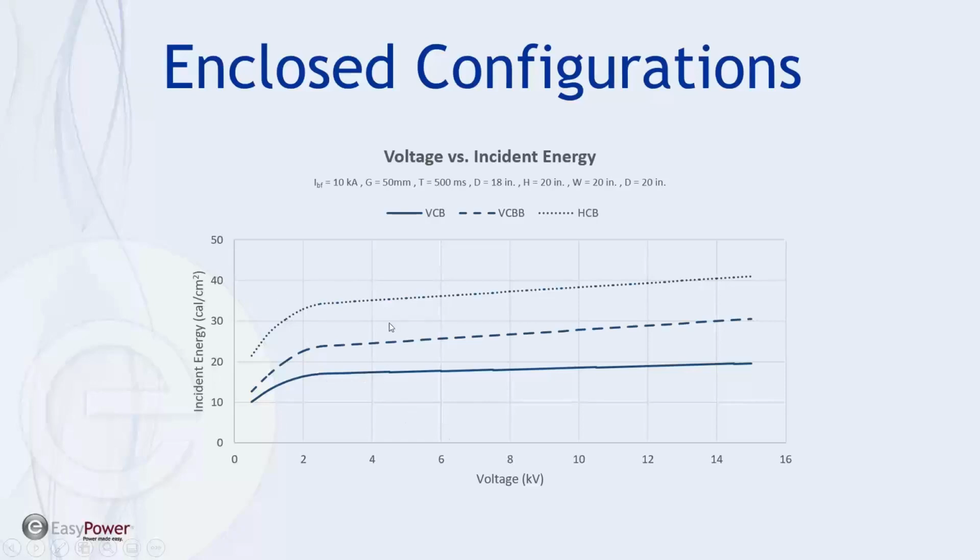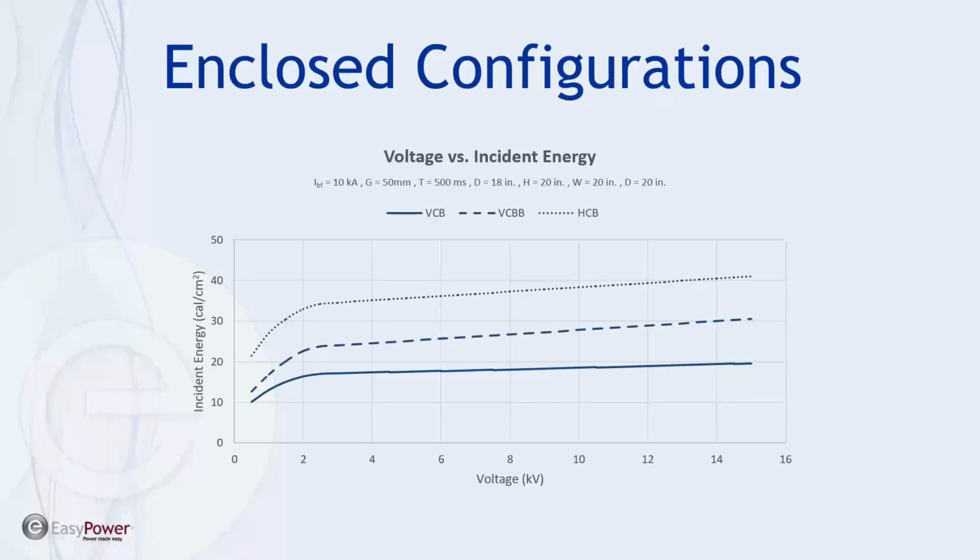And we see it's pretty linear. What we're comparing is the configurations of the closed enclosure, the buses. So there's vertical in a closed box, vertical terminated in a barrier in a closed box, and horizontal in a closed box. A vertical in a closed box is the least disruptive, least hazardous.